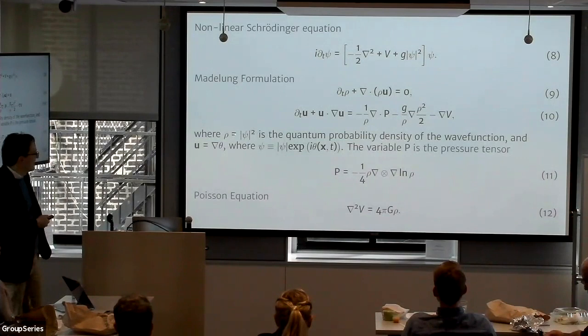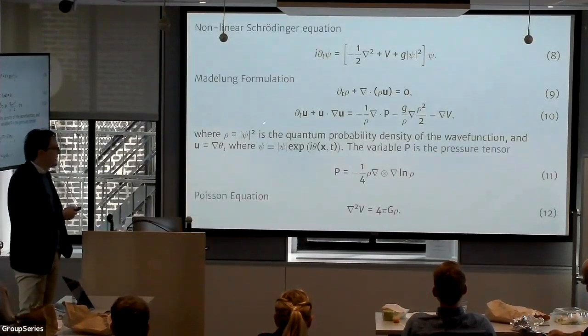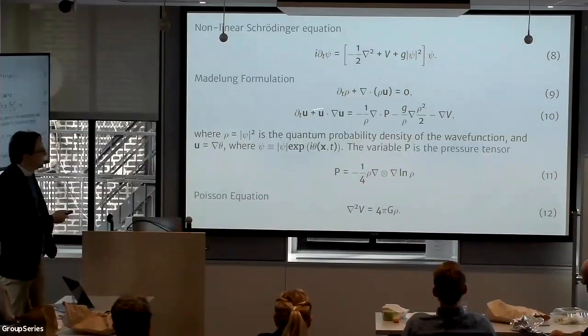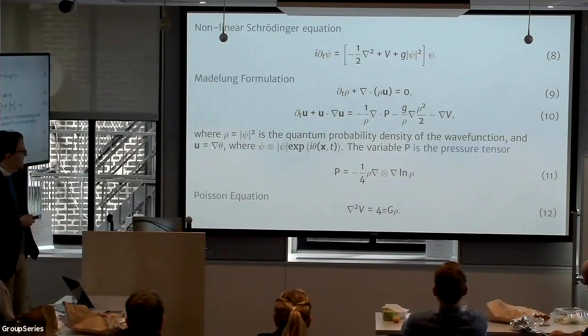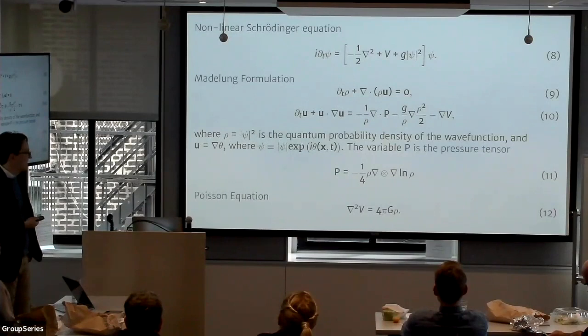You define a density, which is chi squared. You have your conservation law for density, which is just conservation of probability density that you're used to. And the interesting physics comes in from this momentum equation. You define a velocity, and this velocity is defined as the gradient of your phase. So your wave function is amplitude times e to the i phi.